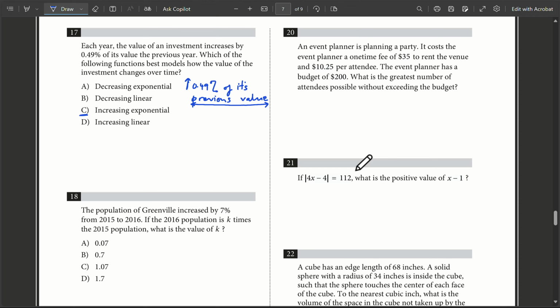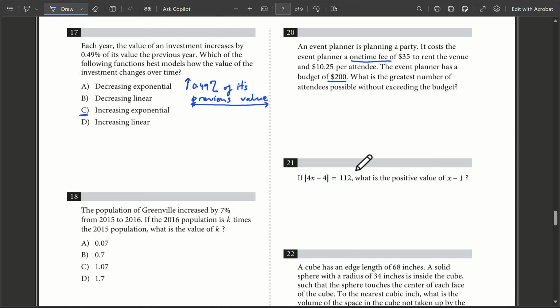It's increasing exponentially. And then number 20, an event planner is planning a party. It costs the event planner a one-time fee of $35 to rent the venue and $10.25 per attendee. The event planner has a budget of $200. What is the greatest number of attendees possible without exceeding the budget?